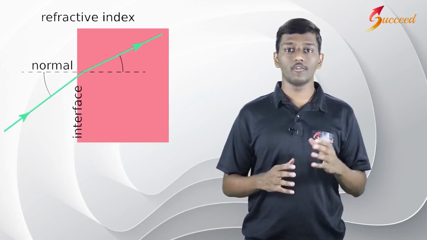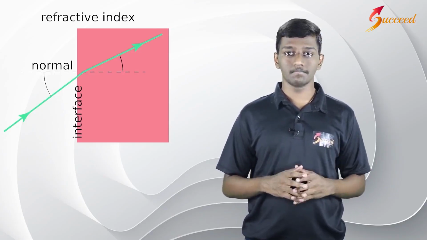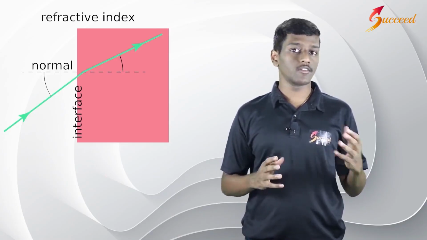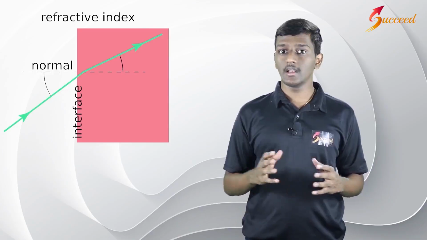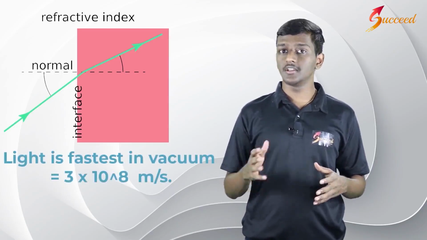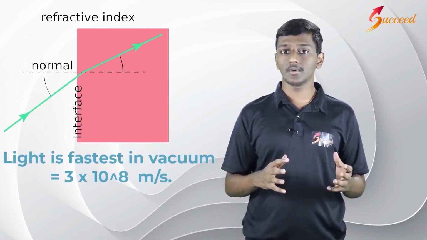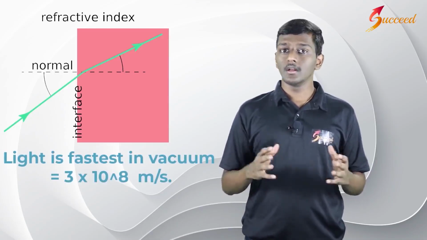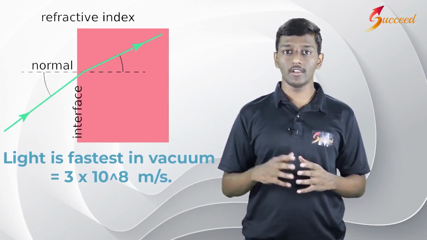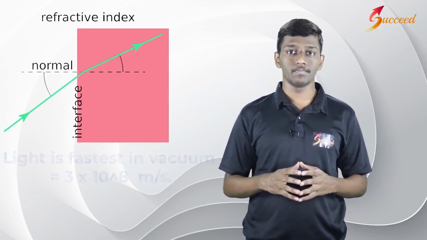Refractive index for a medium is a constant. Light travels at different speeds in different mediums. The light travels fastest in vacuum, that is 3 into 10 power 8 meter per second. The refractive index of a medium depends on the speed of light in that medium.